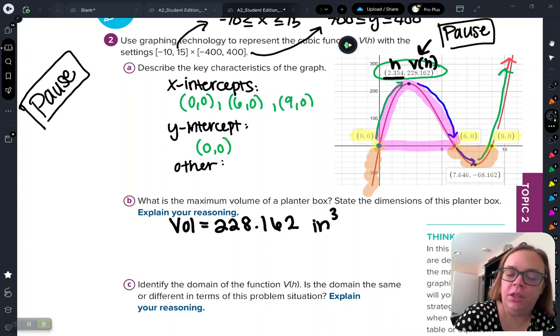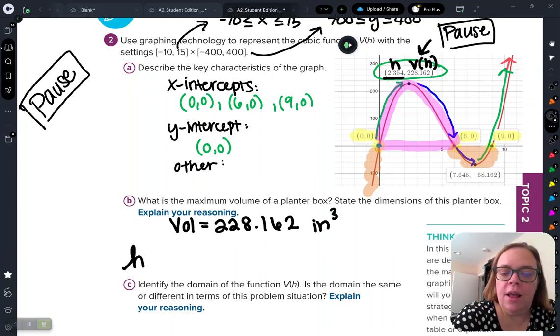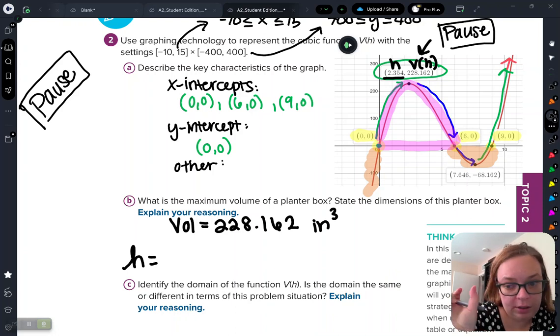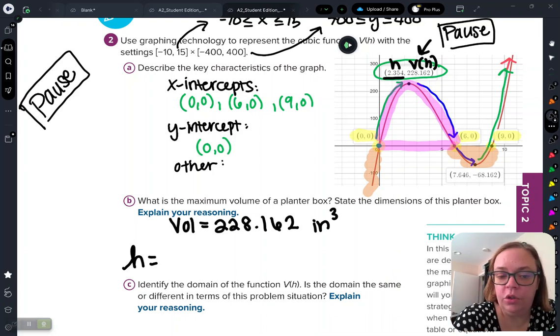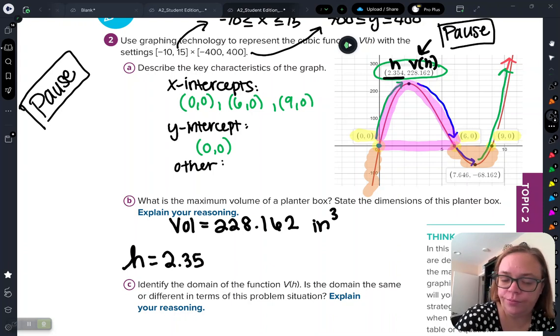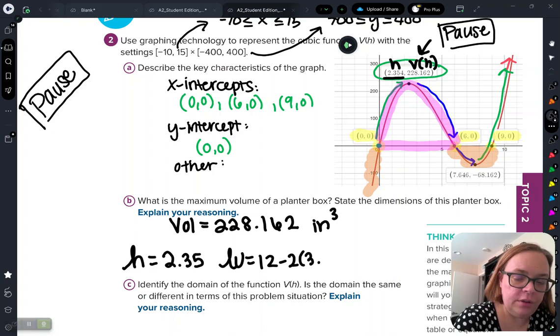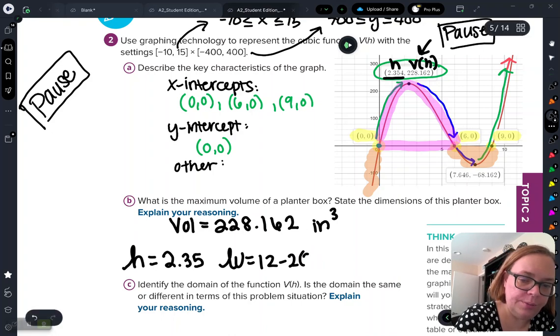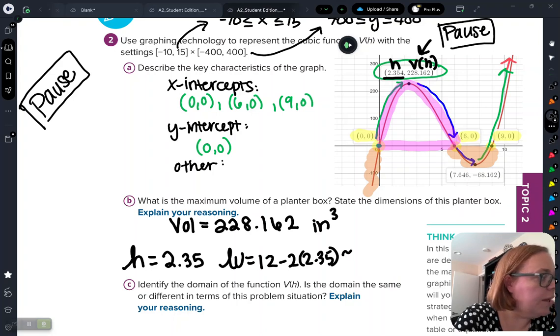And the dimensions for that, the height, which is the side of the square, was 2.35. I'm just going to round it to 2.35. The width would be 12 minus 2.35, which is about 7.3 inches.